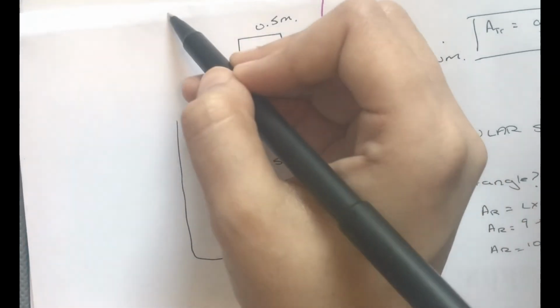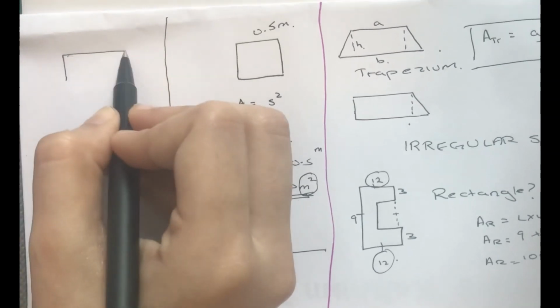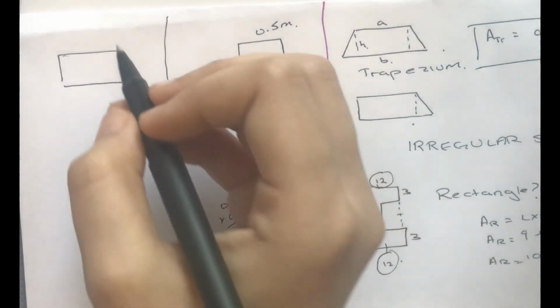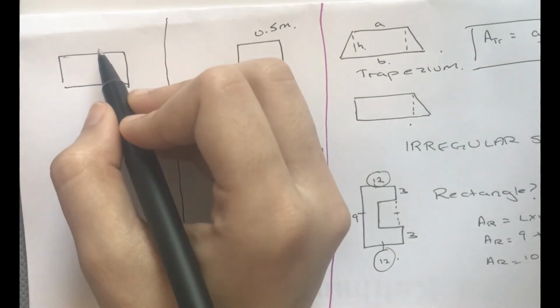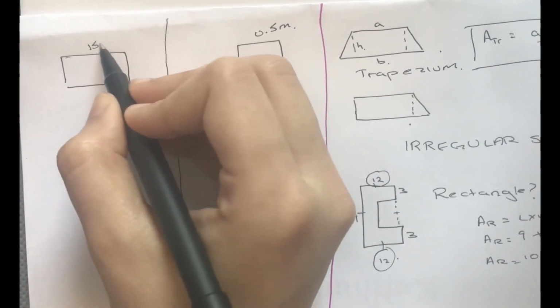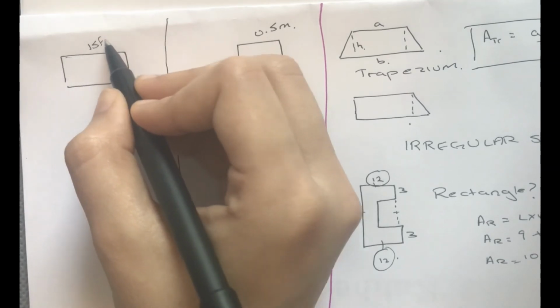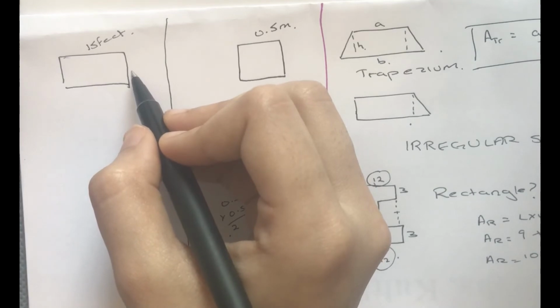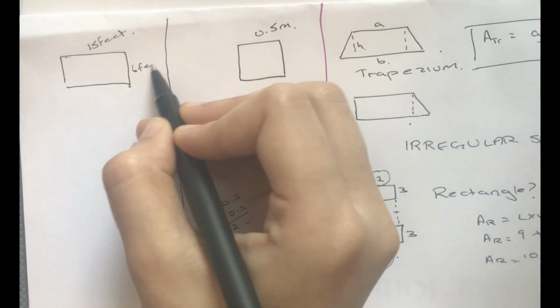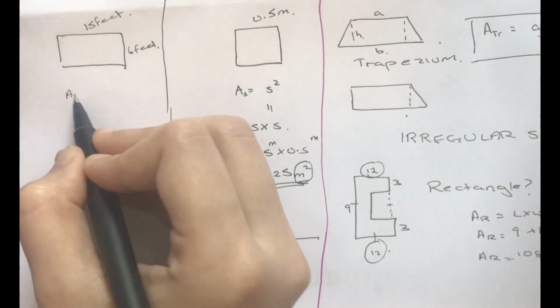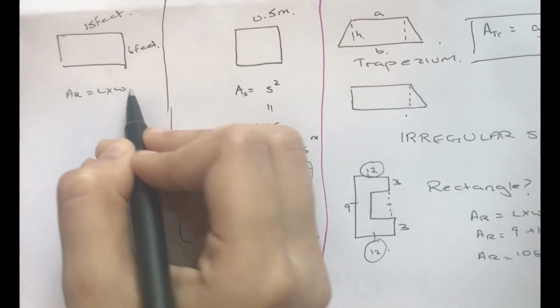Now let's look at our rectangle. The area of a rectangle can be found by, let's say this is 15 feet and this is 6 feet. So the area of a rectangle is equal to length times width.